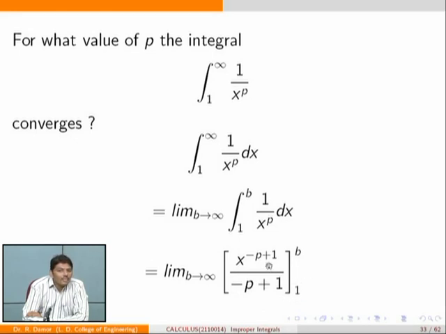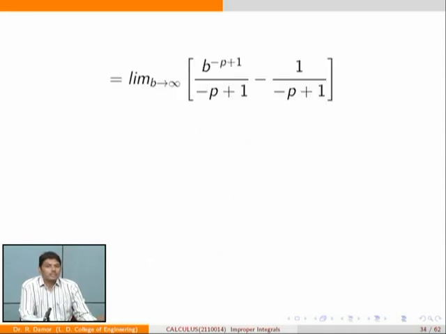So the lower limit is 1 upon minus p plus 1 and the upper limit is b to the power minus p plus 1 divided by minus p plus 1. This minus p plus 1 is the common factor in the denominator. This is the value of the upper limit minus the lower limit, and this is the common factor.